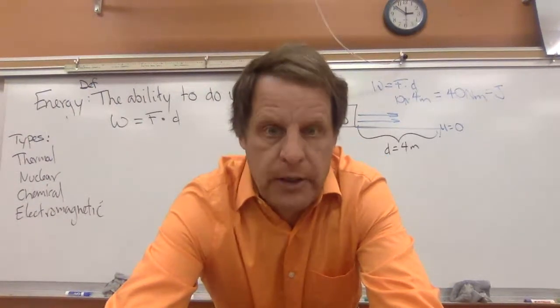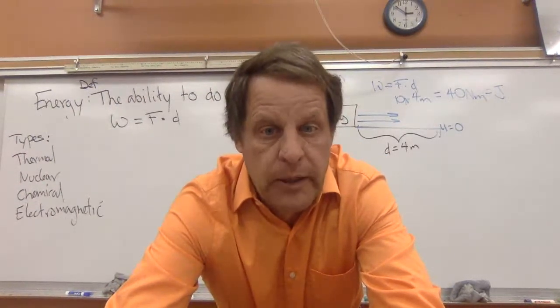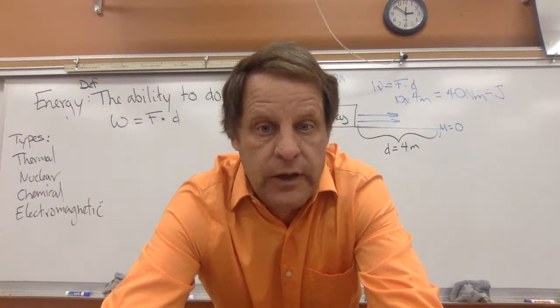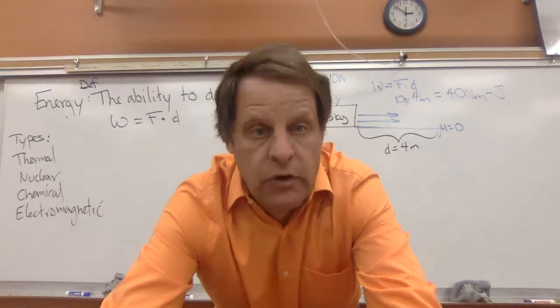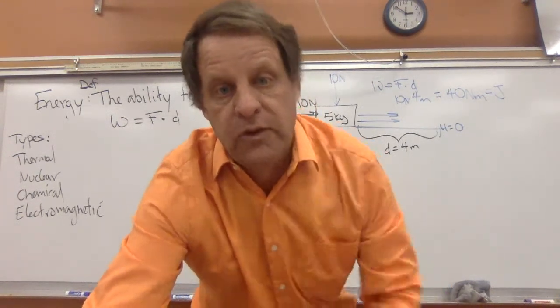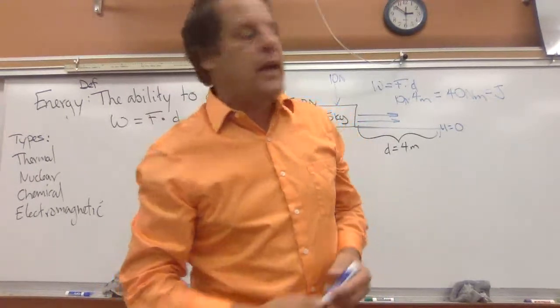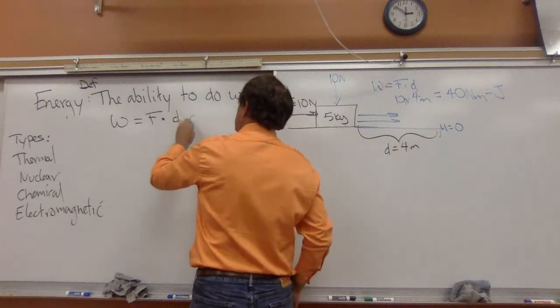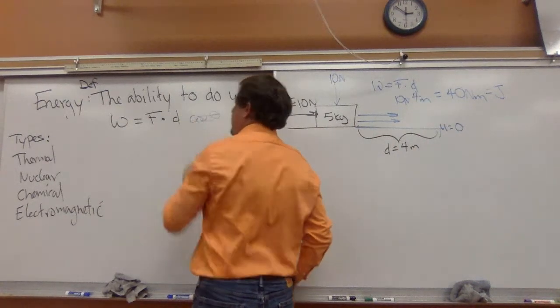And that trigonometric function is cosine. So think about the cosine of 0, which is 1, and the cosine of 90, which is 0. So our new definition of work is force times distance times the cosine of the angle, the cosine theta.